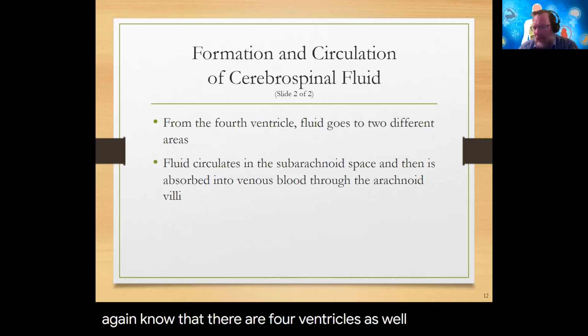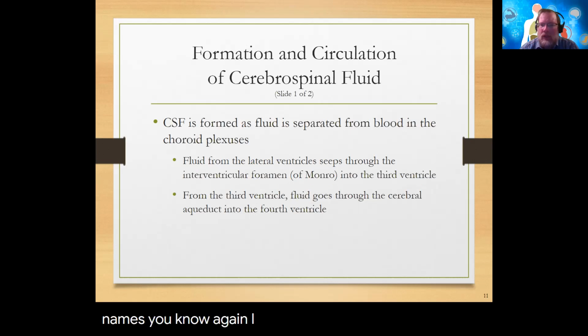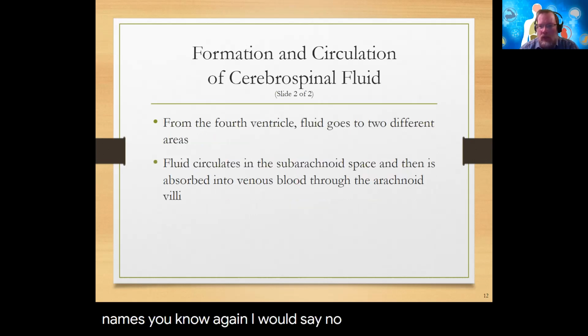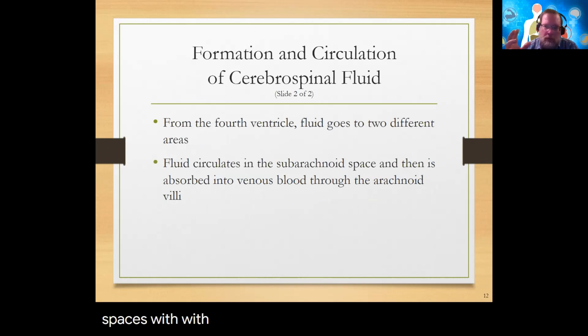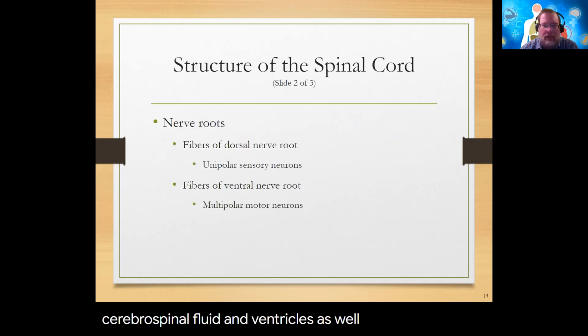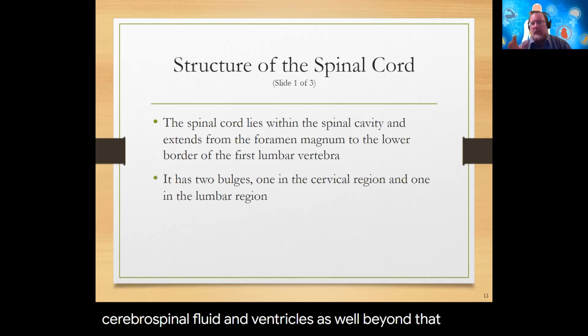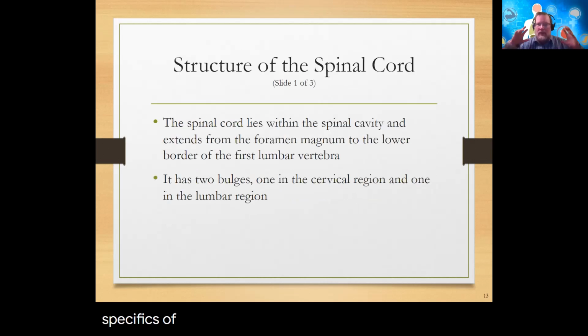The specific names, again, I would say no. It's good if you walk out of here knowing the three meninges and the spaces within and around those meninges, and cerebrospinal fluid and ventricles as well. Beyond that, specifics of the brain itself, we'll get into that in a little bit.